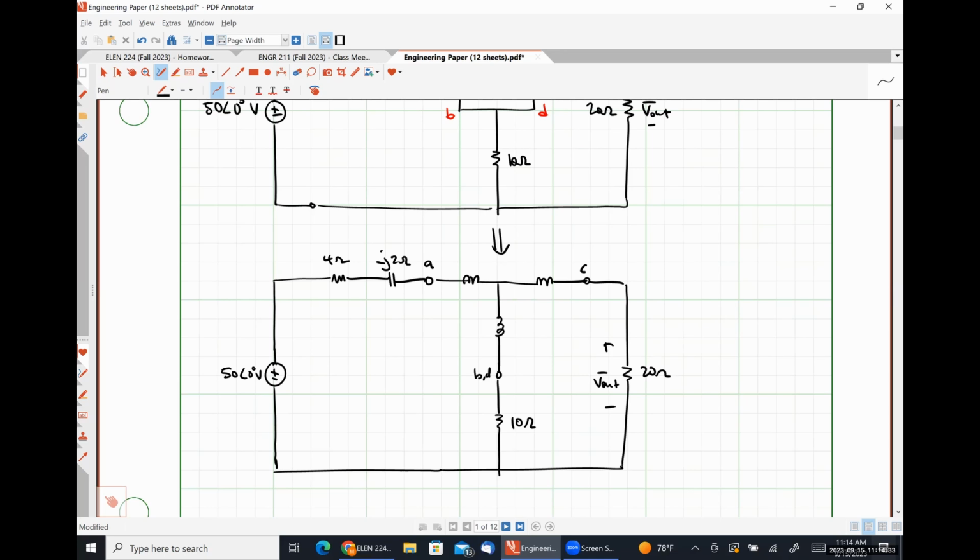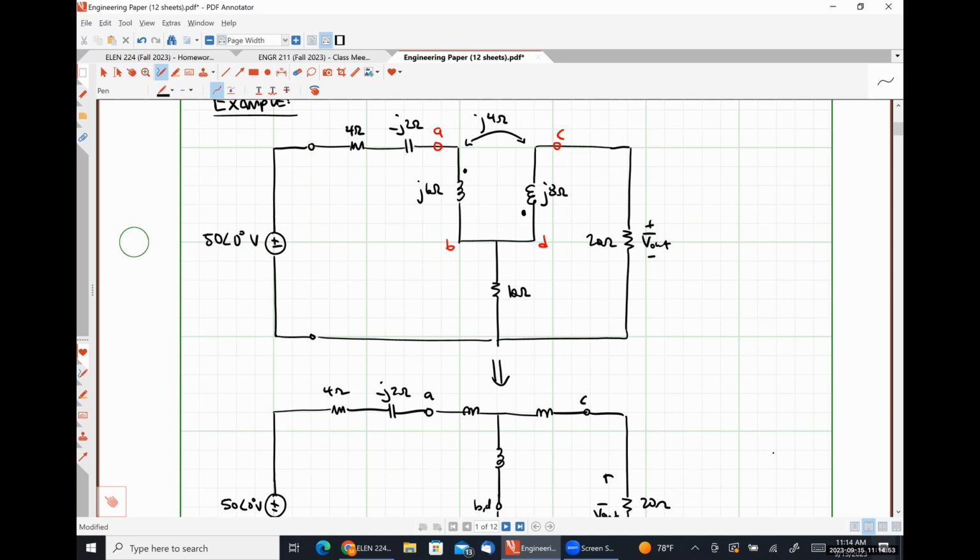So this inductance right here is Lx, right? So what value should this have? L1 minus M. Right? So L1 was 6 minus -4.